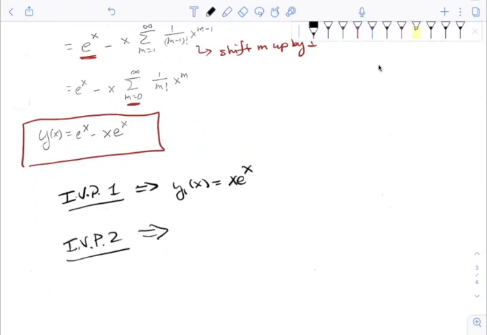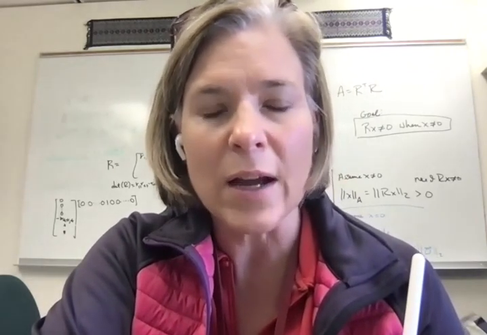And now what I get for the second one is a y2 of x, which is actually e to the x minus x e to the x. So these are not our standard ones, but they still work. They're still two linearly independent solutions. Take a look at that and just digest what's going on there.